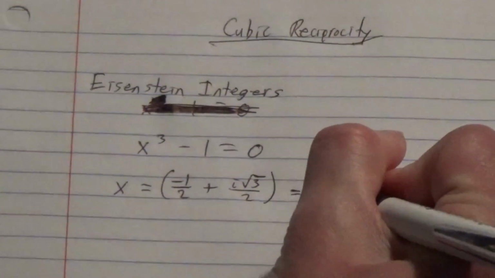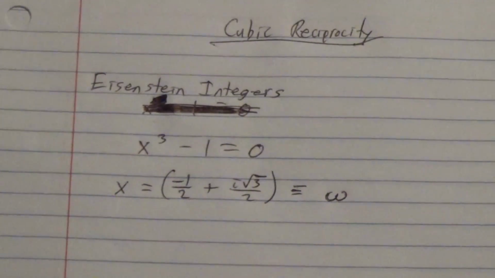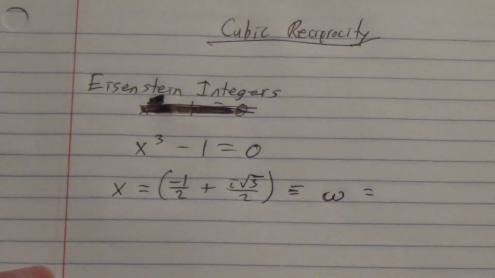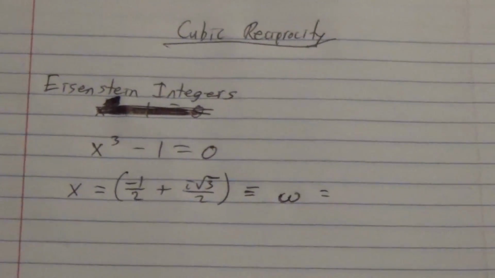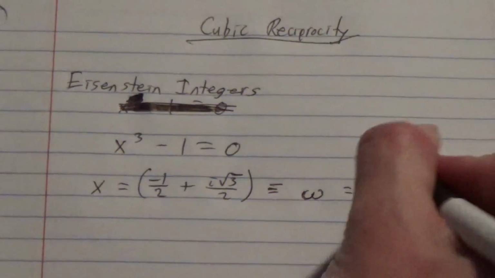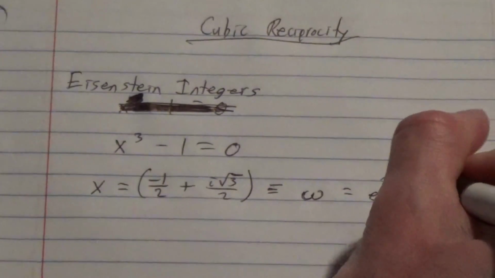Or you might also see it represented, sometimes, in its exponential form, where we know this is equal to e to the 2i pi over 3.